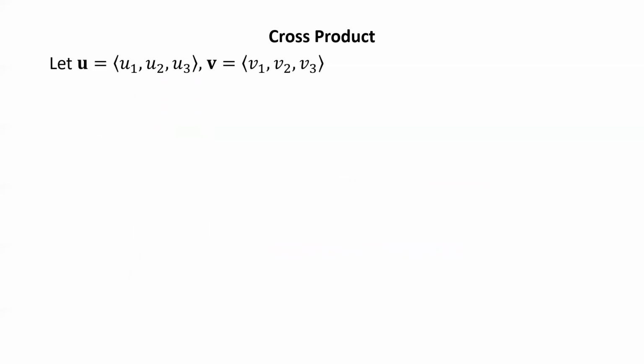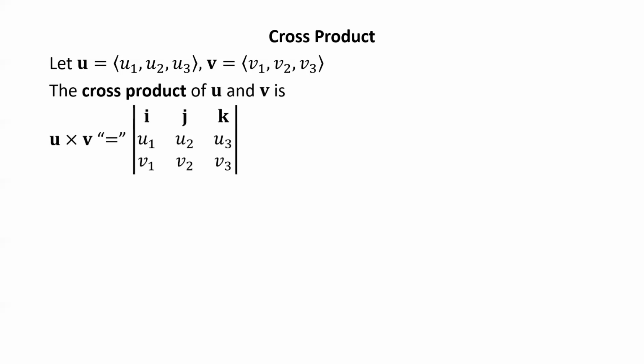Okay, now we're ready to define the cross product. So let U and V be 2 vectors in 3 space, U with components U1, U2, and U3, V with components V1, V2, and V3. Okay, the cross product of U and V, written U cross V with an X, is equal, and I put the equal sign in quotes because this is more of a mnemonic device for remembering the definition rather than a precise definition.